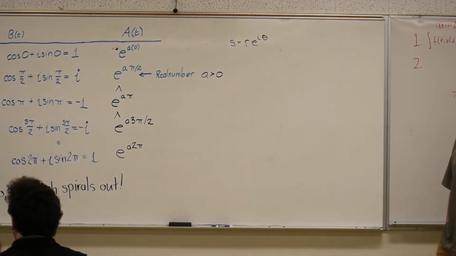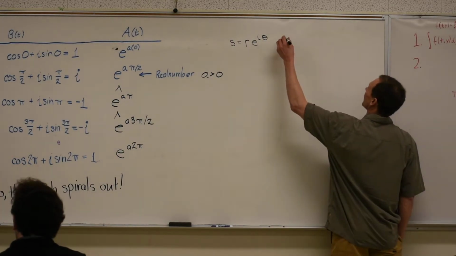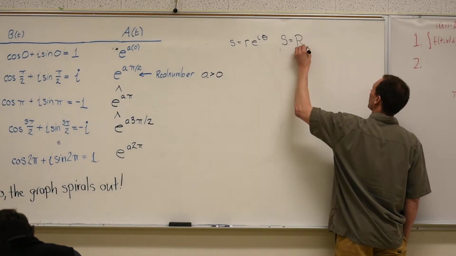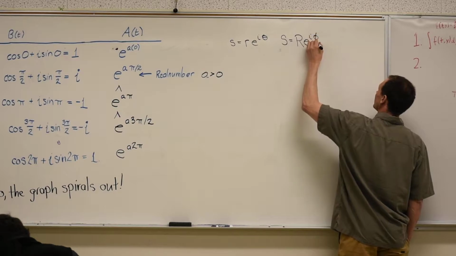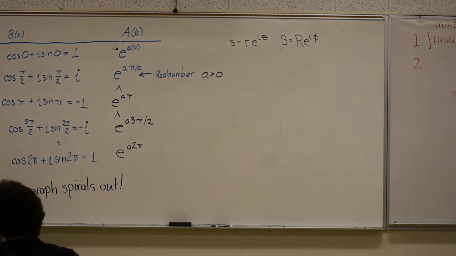That's something we've been doing. And if I have another number, like capital S, it has some modulus, capital R, e to the i, I'm just giving you some numbers. That's beta.